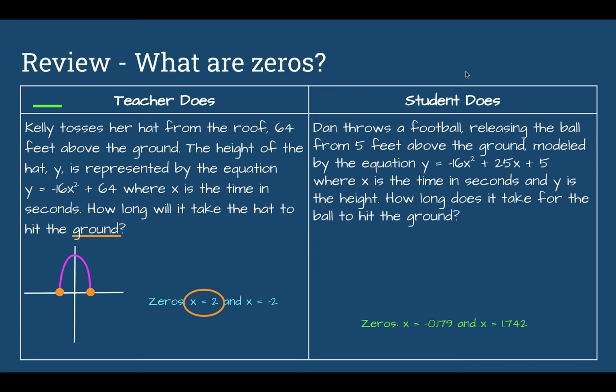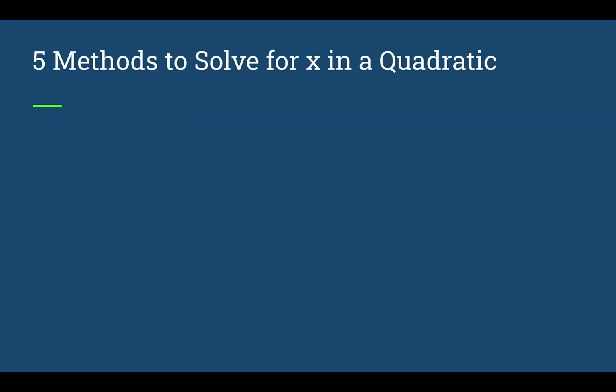I just used Desmos, typed in our function, and clicked. The positive one is going to be where it hits the ground, so we go forward in time at x equals 1.742.